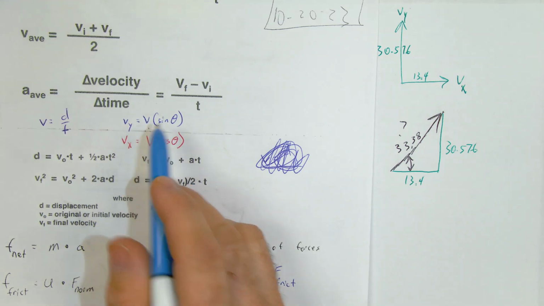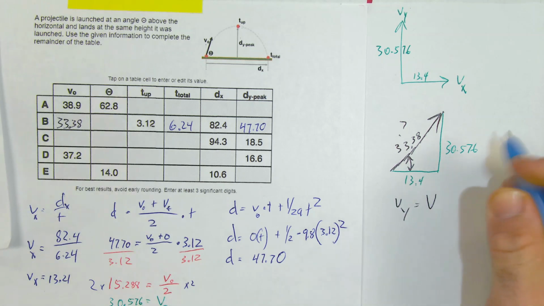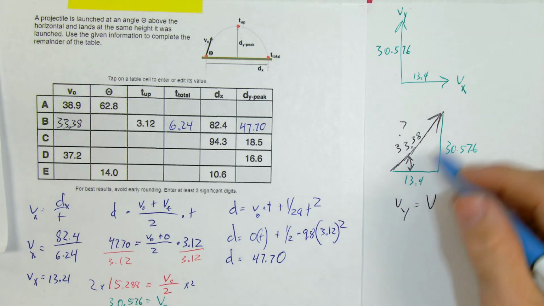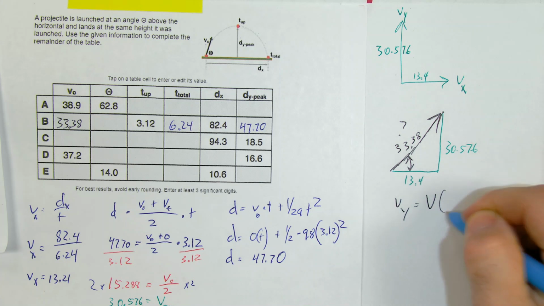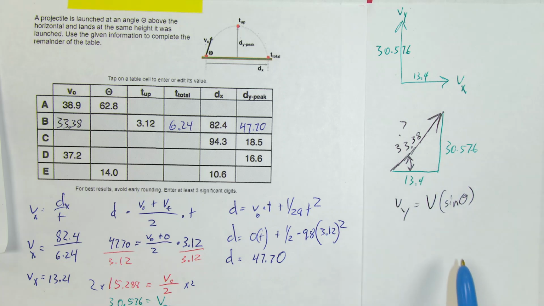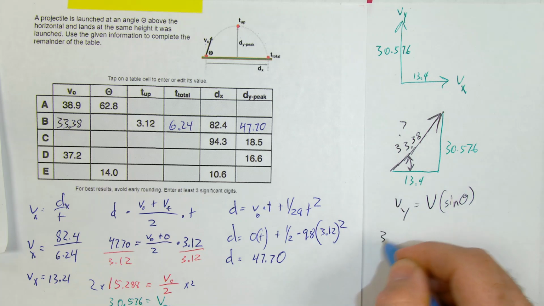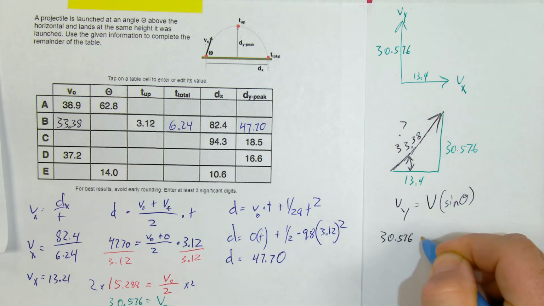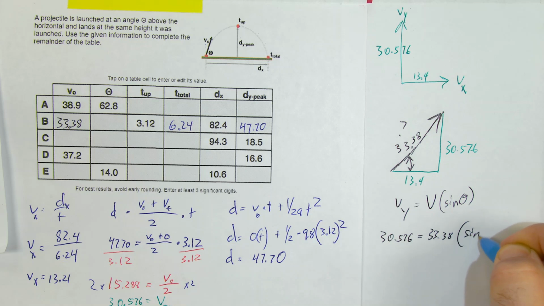We'll use one of these so we can say velocity on the y-axis equals velocity resultant, which is our actual initial velocity of the combined, multiplied times the sine of theta. So here we have velocity on the y, which is 30.576 equals 33.38 sine theta.